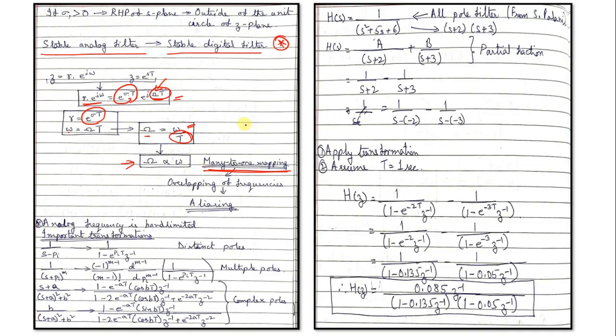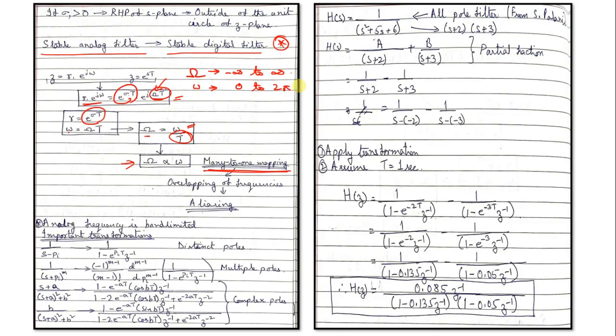Now the thing is that our analog frequency can vary from minus infinity to infinity. However, the digital frequency is bound within 0 to 2 pi. And if you go beyond 0 to 2 pi, what will happen? It will be repeating onto itself. Similarly, if you go below 0, that means you go to the negative digital frequencies, again it will be on this unit circle itself.